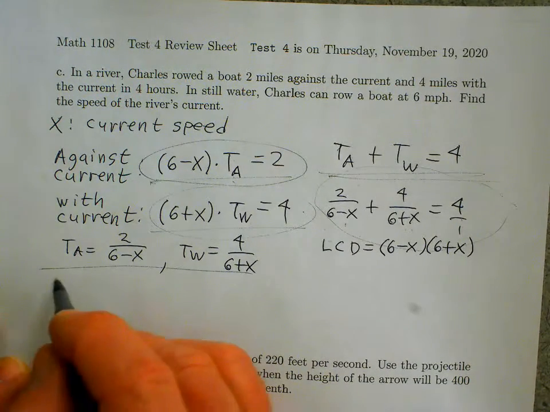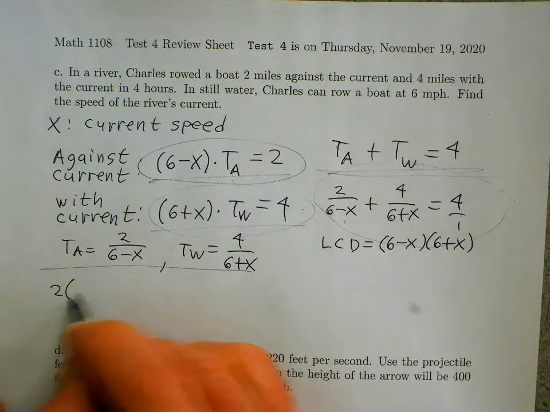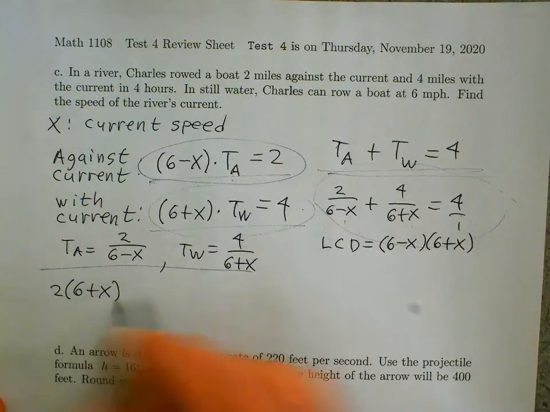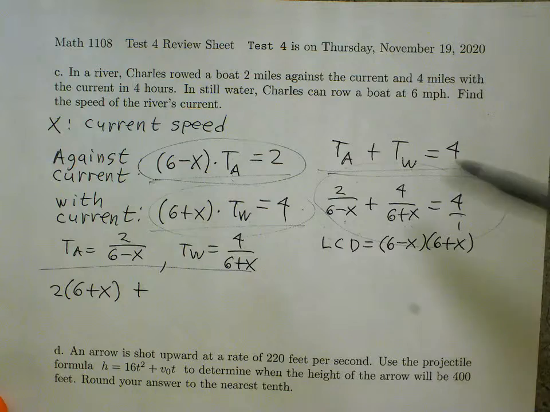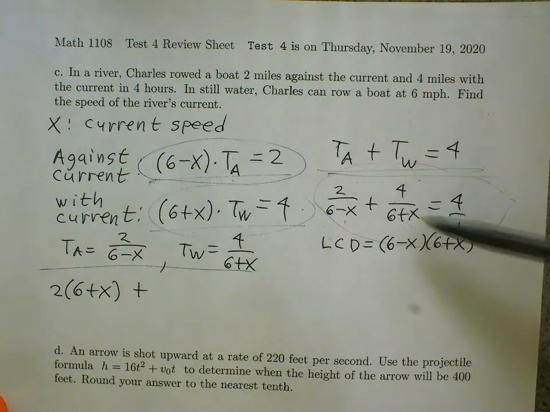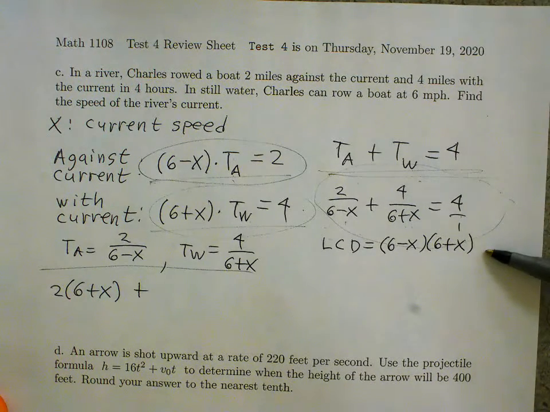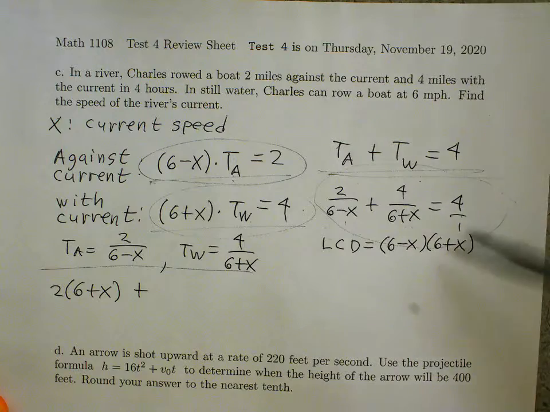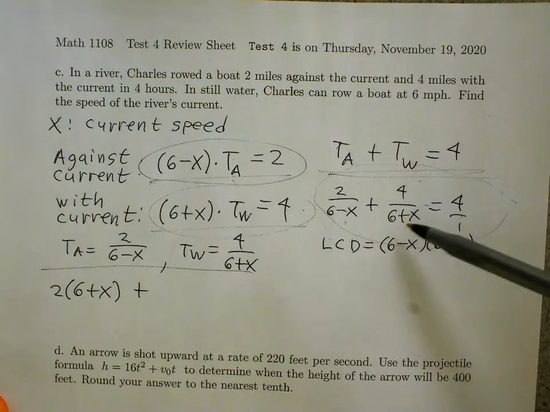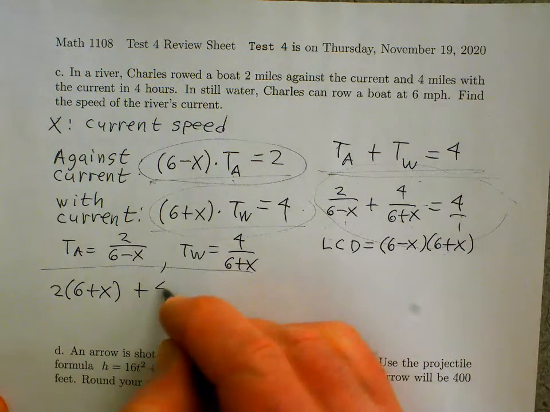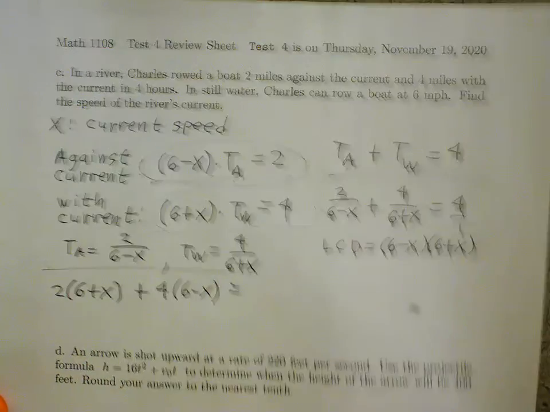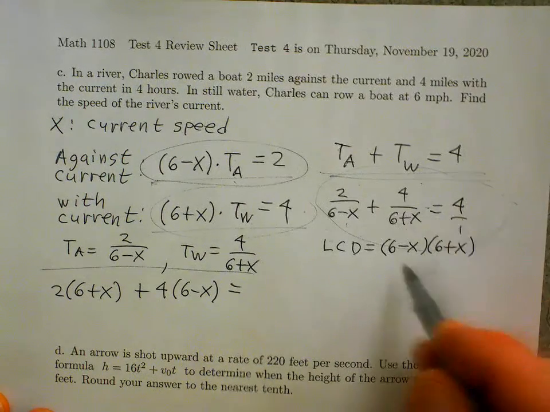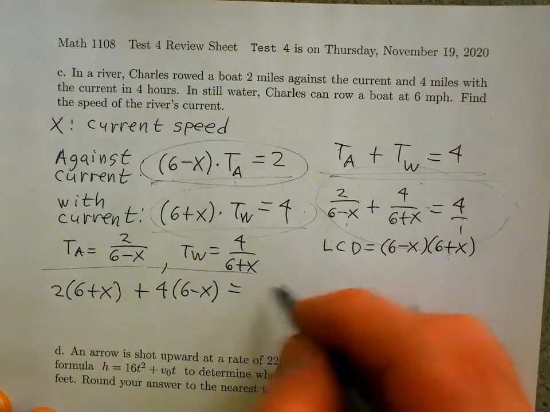And we'll be left with 2 times 6 plus x. And then we add that to the next term, 4 over 6 plus x multiplied by the least common denominator. This time the 6 plus x factors cancel, and we're left with plus 4 times 6 minus x. And on the right-hand side, we multiply the least common denominator by 4.